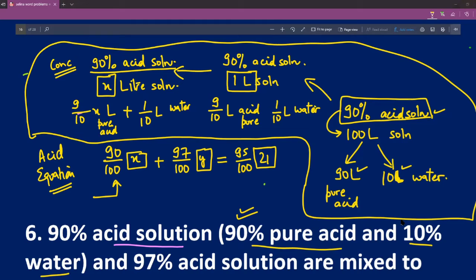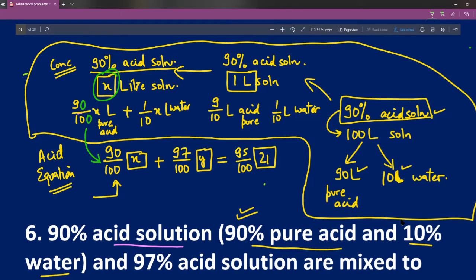This will be 1 upon 10 X liters of water. So using this logic, what I have found is that in X liters of solution, pure acid is 90 upon 100, which I have mentioned here.